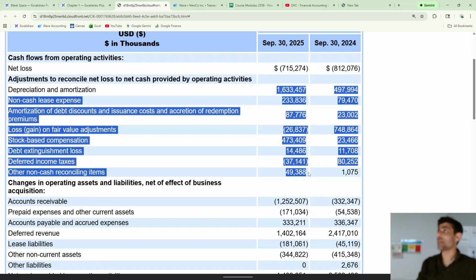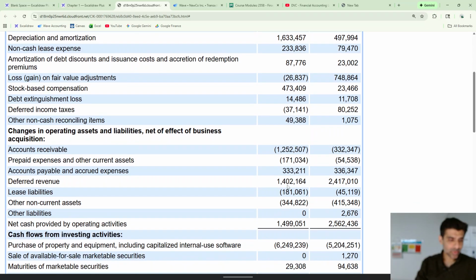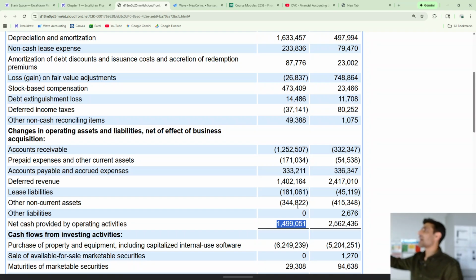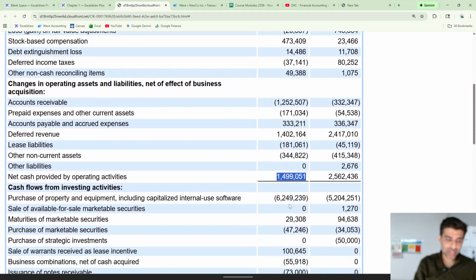And again, this is why there's a whole chapter on it. It's quite complicated. And so the first section is operating activities. So this is just cash that the business brings in minus cash it spends on its expenses. Okay, so this is one section.